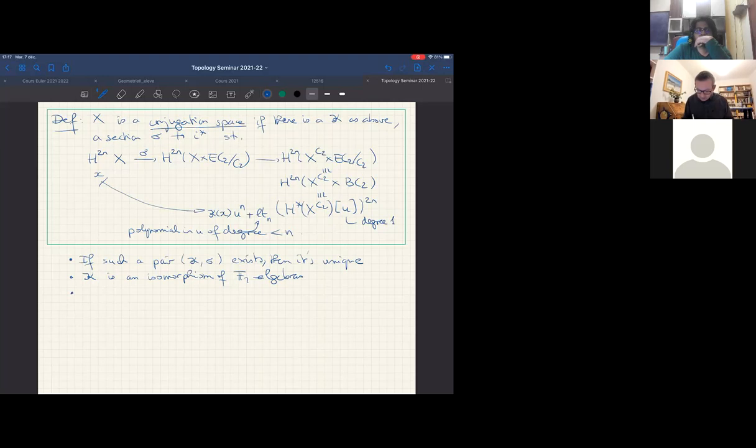And later, Matthias Franz, together with one of the authors of the first paper, one year after this article was published, showed that kappa is also compatible with Steenrod squares. And that we will see again in this talk later when I talk about the Floyd manifolds.